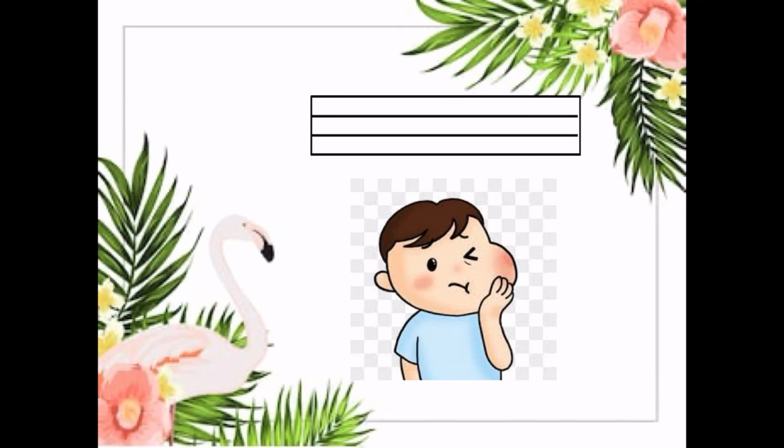T-O-O-T-H-A-C-H-E. He has a pain in his teeth, so he has a toothache. Ache means a pain, okay?